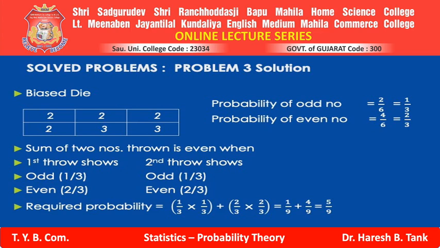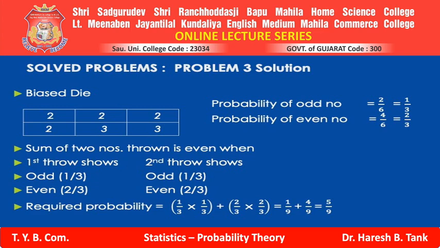Sum of the two numbers thrown is even when first throw shows odd and second throw shows again odd, or first throw shows even and second throw shows again even. So whether the first thing happens or the second thing happens.